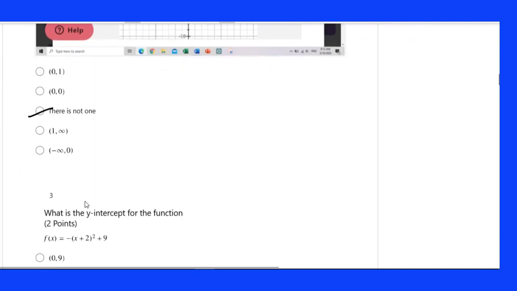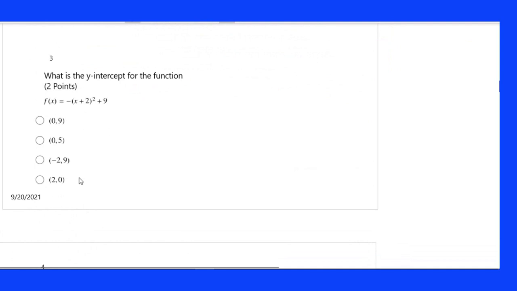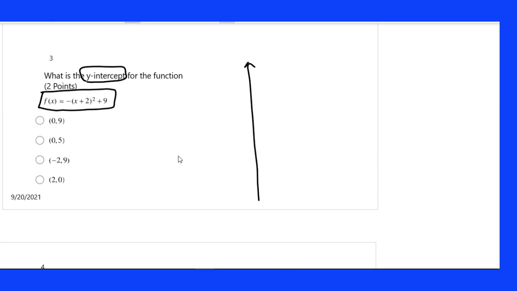And then number 3, what is the y-intercept for the given function? This is quadratic, so we sketch the graph. When x plus 2 equals 0, x equals negative 2.